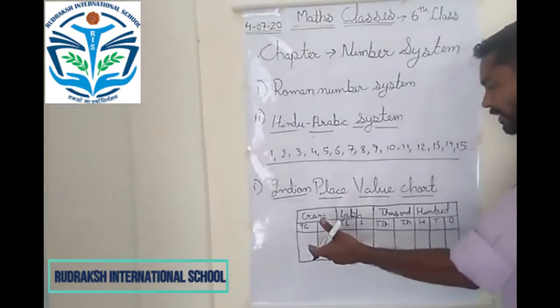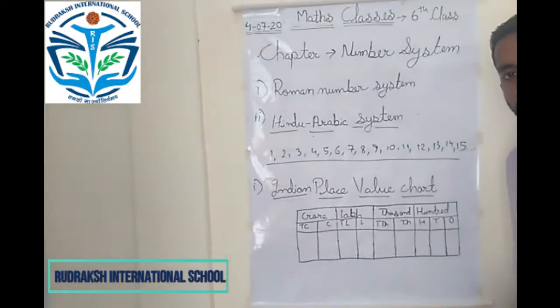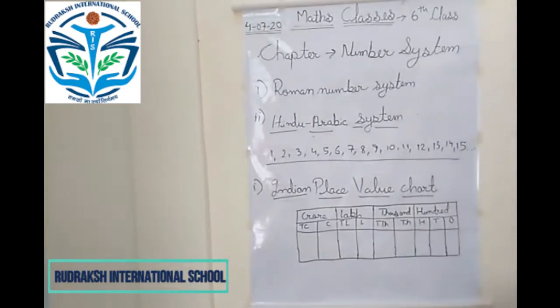So this is the place value chart, that is the Indian place value chart. Now if we have to arrange any number in this, how are we going to arrange this? Now I will give you the description of this chart.